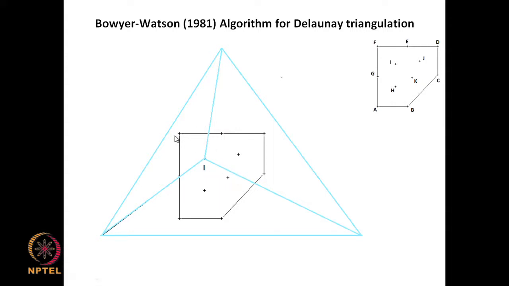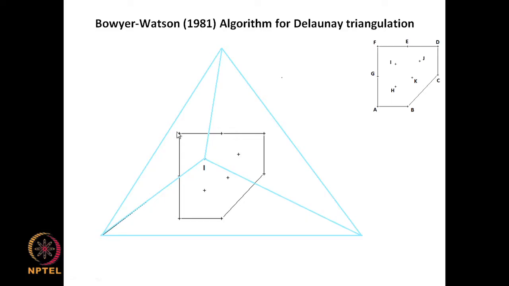So that means that it is no longer possible. Now you come to this triangle here, you start from here, you go along the counterclockwise direction, F is to the left, you go along this, F is to the left, you come along this in the counterclockwise direction, and F is still to the left of it. So for this triangle, the point F is to the left of each of the edges.